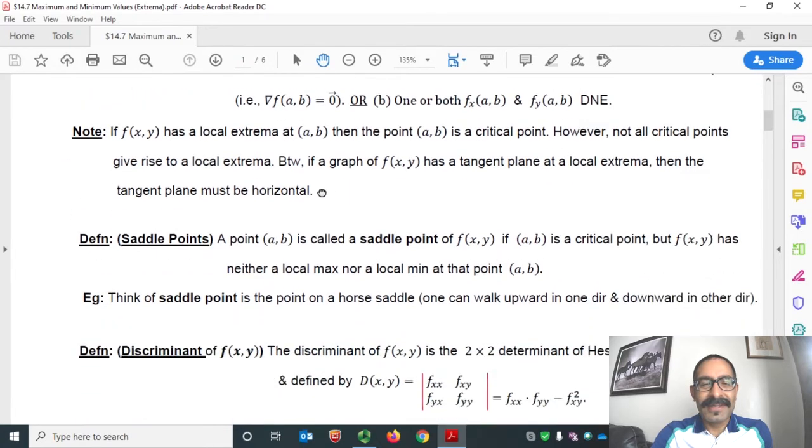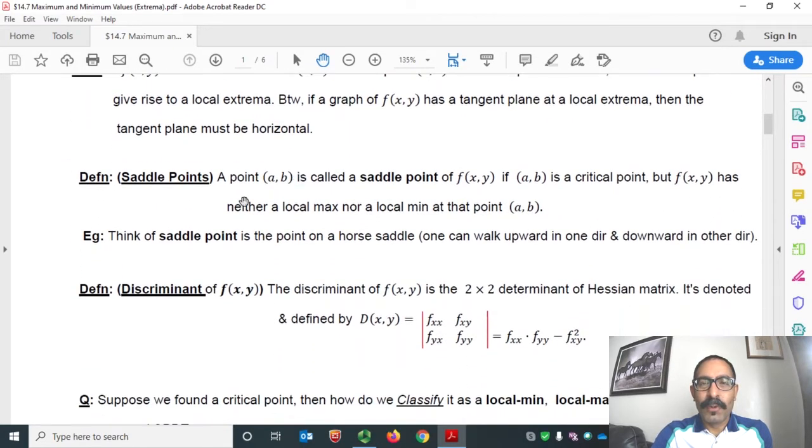Next definition, saddle points. A point (a, b) is called a saddle point of f if (a, b) is a critical point, but f has neither a local max nor a local min at that point. Think of a saddle point as the point on a horse saddle.